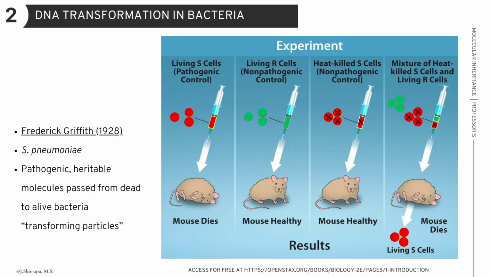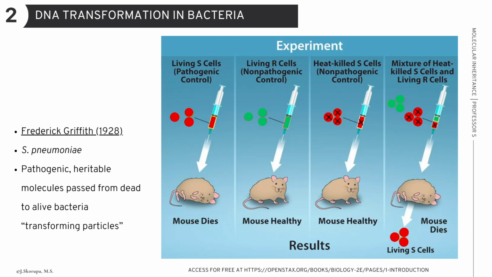When Griffith injected a mouse with the living pathogenic S strain with that capsule, the mouse died. When he injected a mouse with the living non-pathogenic R strain, which lacks the outer capsule, the mouse did not die. This is what we would expect, right?